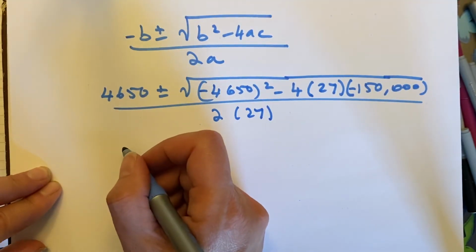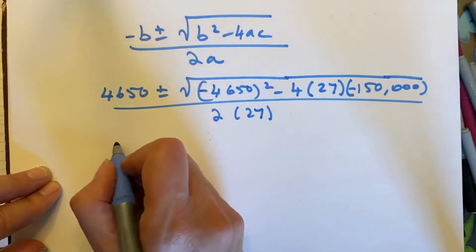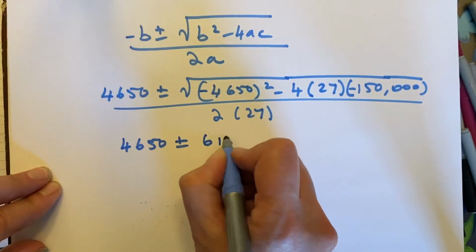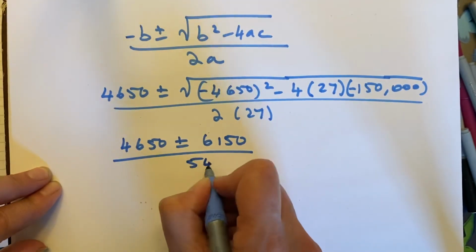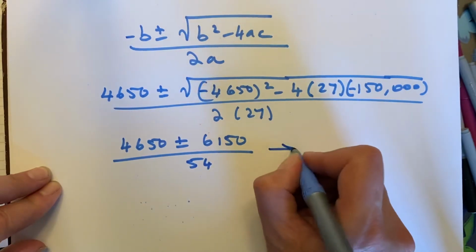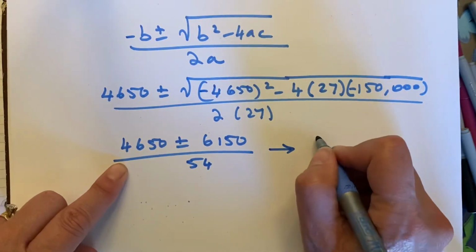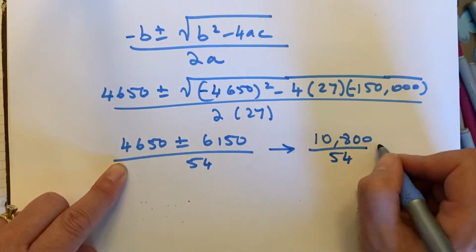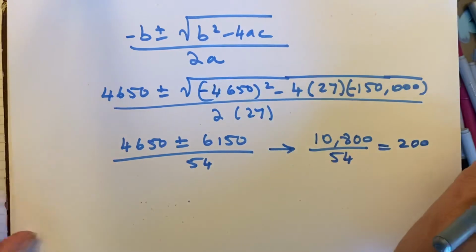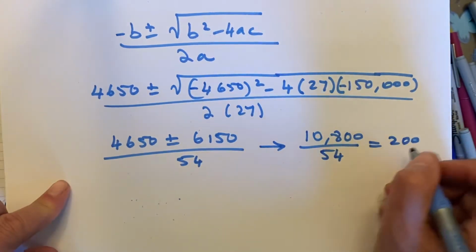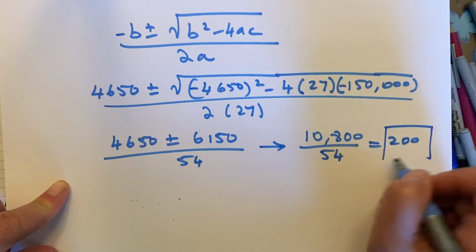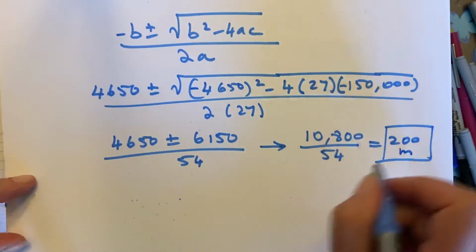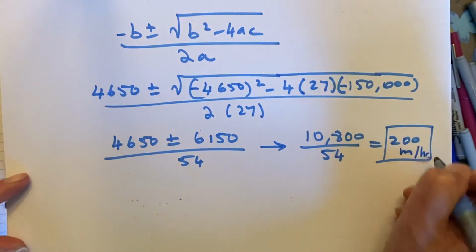When I work this out and simplify, I will end up with 4650 plus or minus 6150 over 54, which will lead me to 10,800 over 54, which gives me 200 as my answer. 200 meters per hour is my rate.